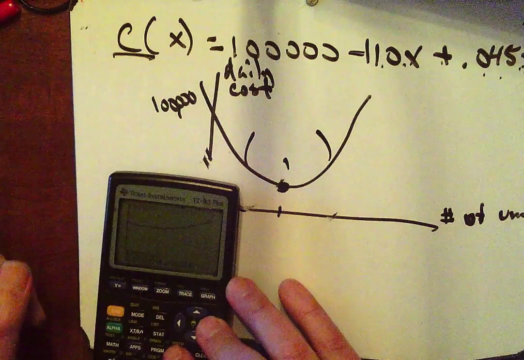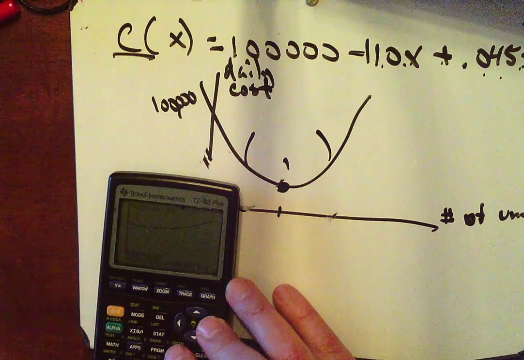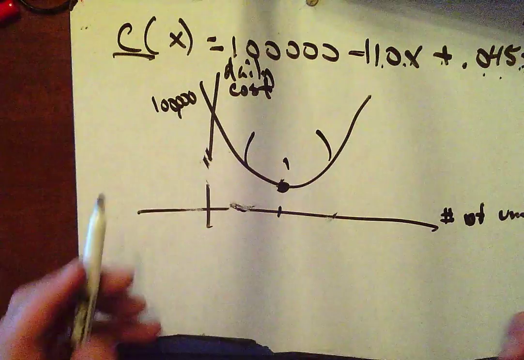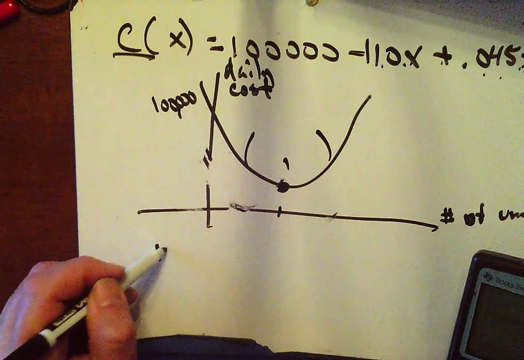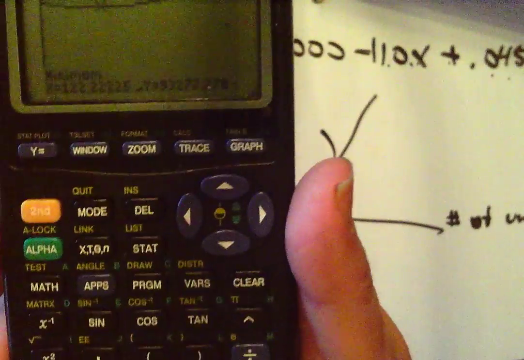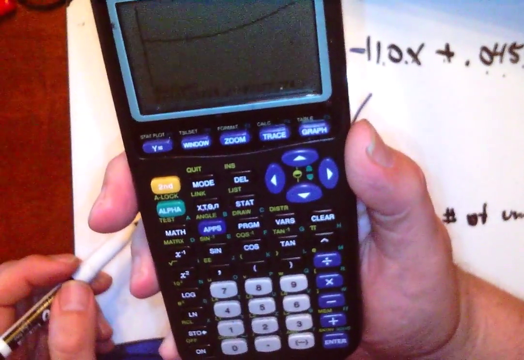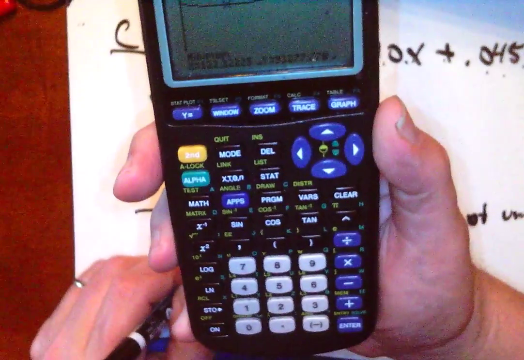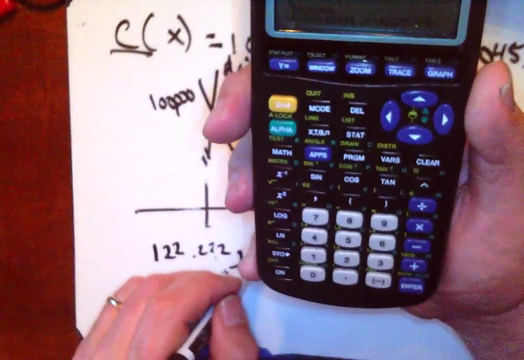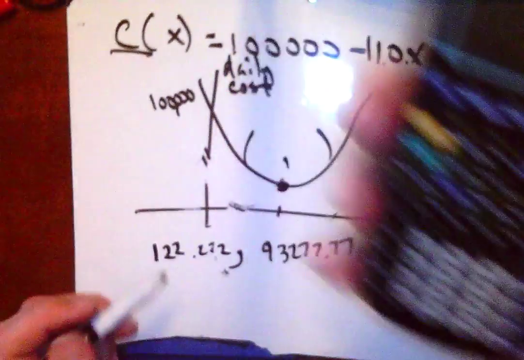And if I had more y value, it might be easier for me to see where the vertex is in here. Enter, enter. And so I end up with 122.222, 93277.77.